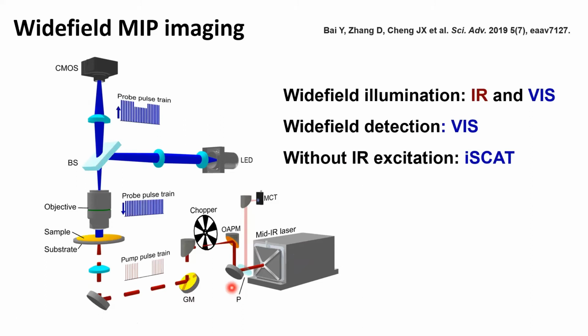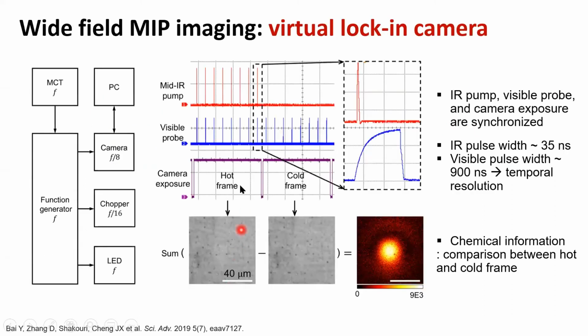But here we do need an innovation, because the camera speed is on the kilohertz scale while the laser is on the megahertz scale. So we want to synchronize the pump, probe, and camera exposure at the single pulse level. In the hot frame, we can average many pairs of pump-probe signal.